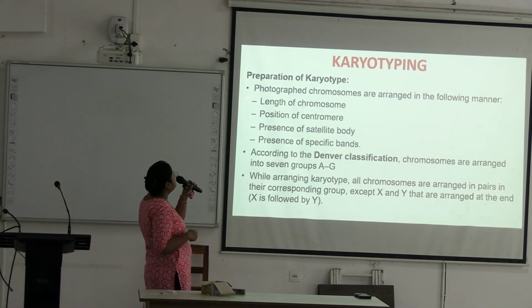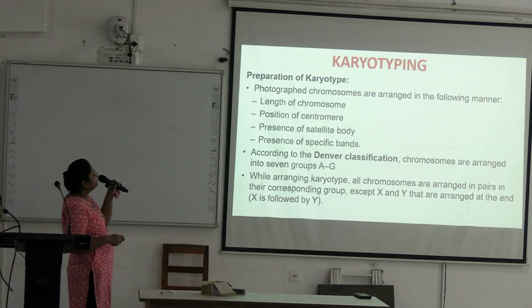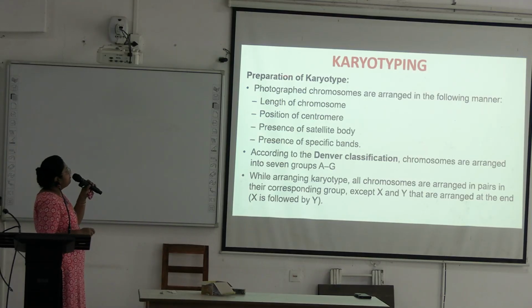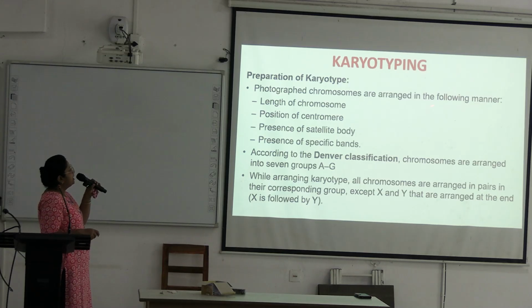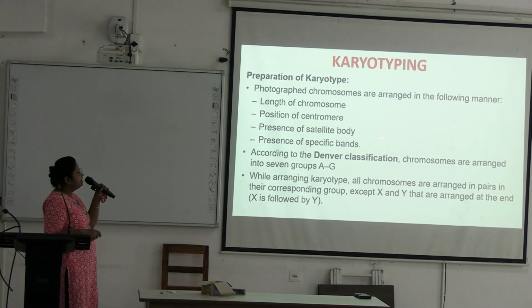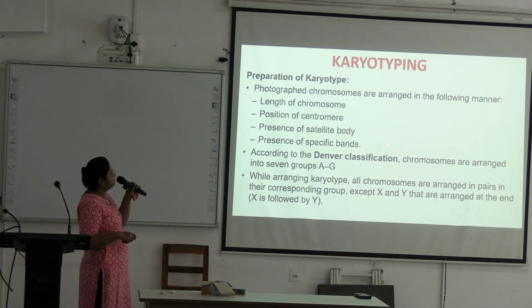For preparation of the karyotype, photographed chromosomes are arranged in the following manner: according to the length of the chromosome, position of the centromere, presence of satellite body, and presence of specific bands.